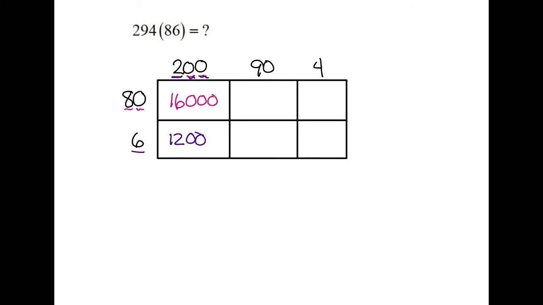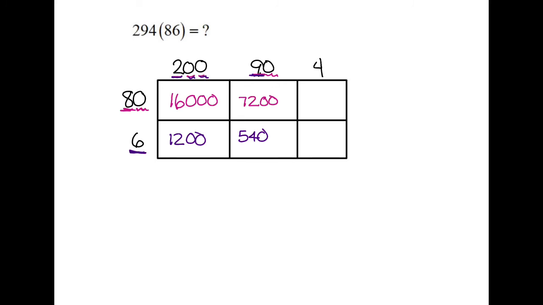Okay, 80 times 90 is going to go here, right? So 8 times 9 is 72, and then 1, 2 zeros this time. Okay, 6 times 9 is 54, and just 1 zero.